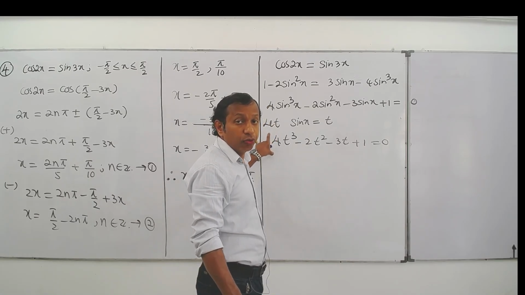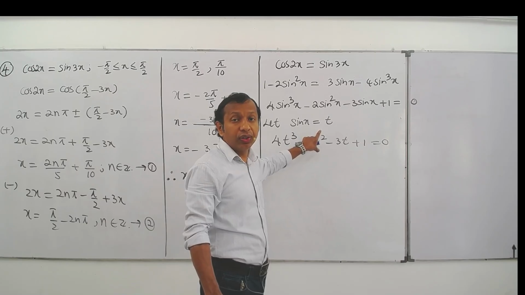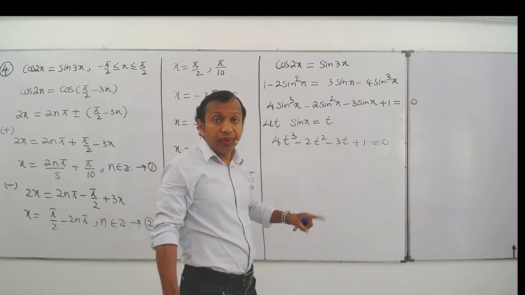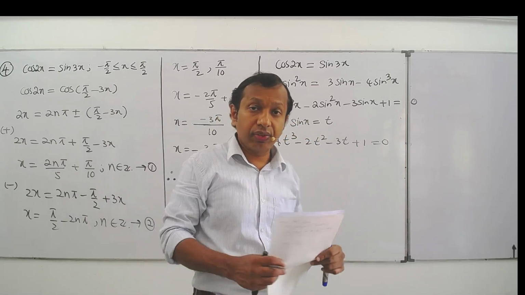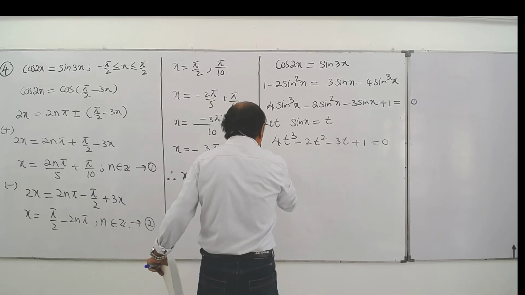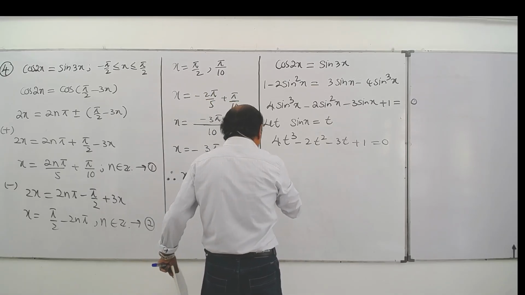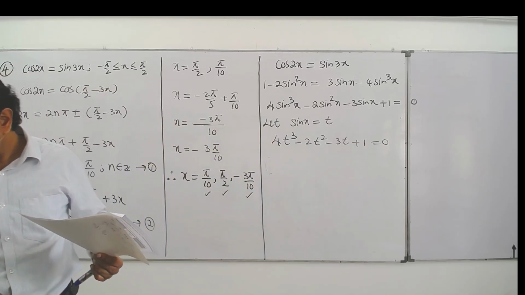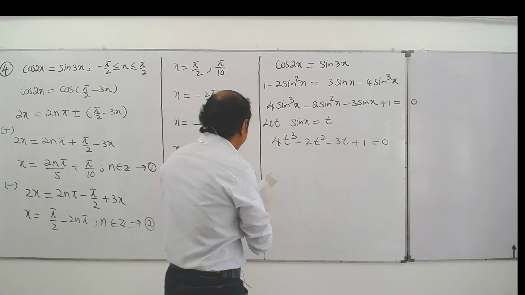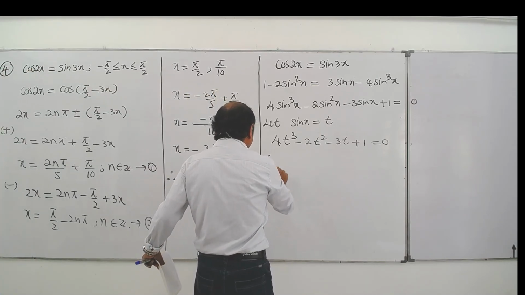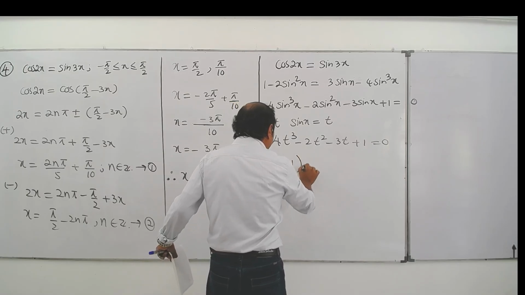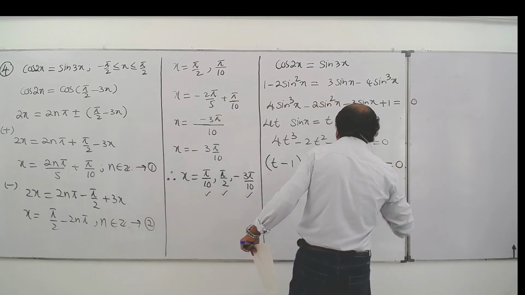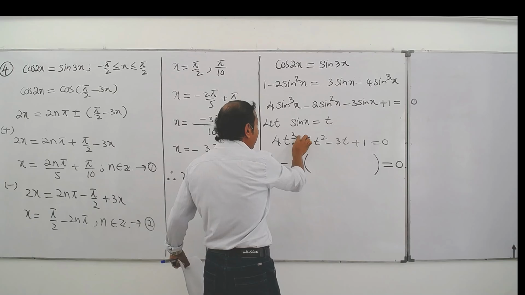That means this third degree polynomial in t becomes 0 when t equals 1, meaning t minus 1 is a factor. Then I can first factorize here. T minus 1 is the first factor. The second factor should be a quadratic one. 4t cube is available, no?